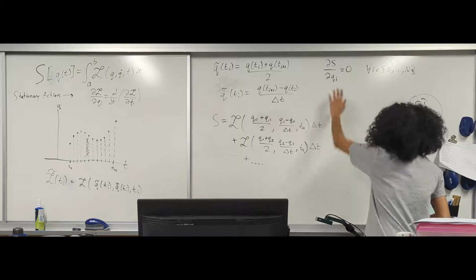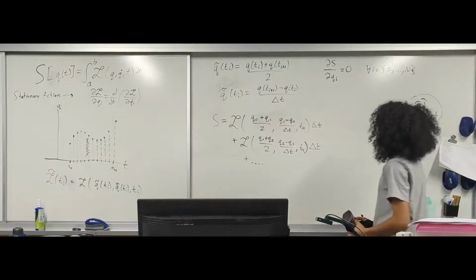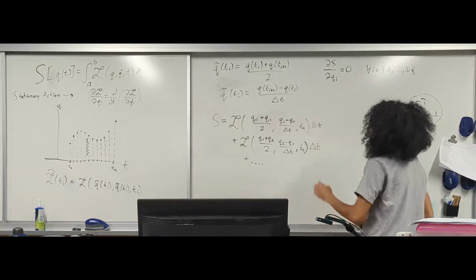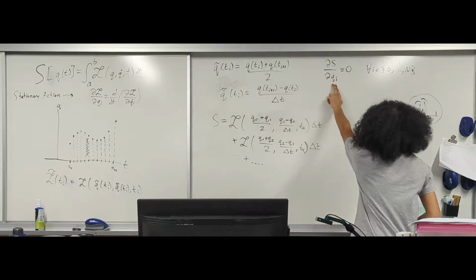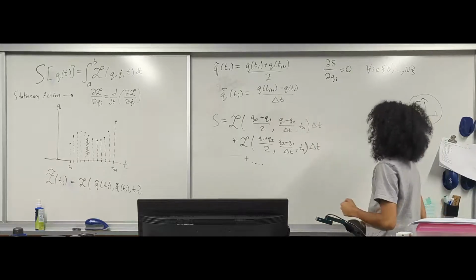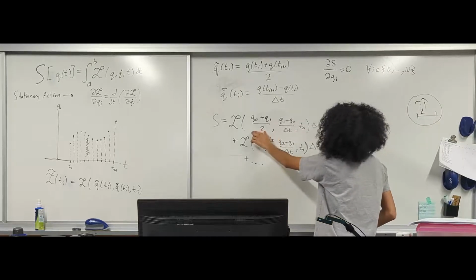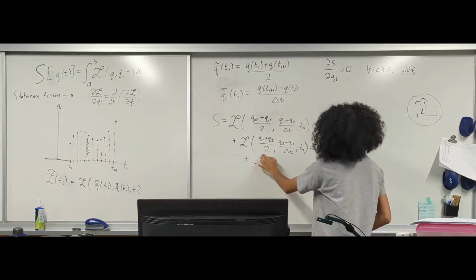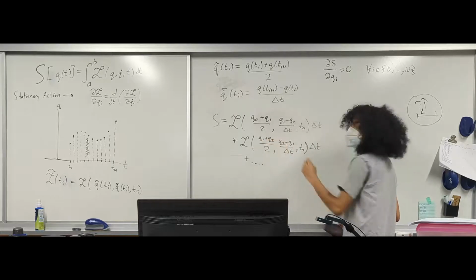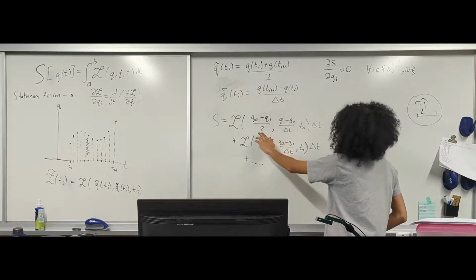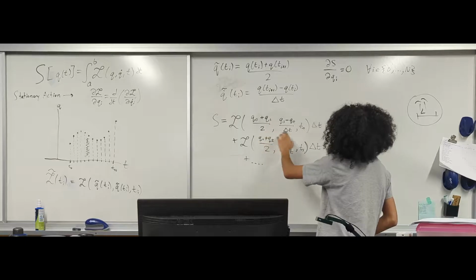So what actually is this partial derivative? Well, these qi, so a specific qi, factors into the action through two of these Lagrangian terms, and it factors into each of the Lagrangian terms through the position and the velocity.